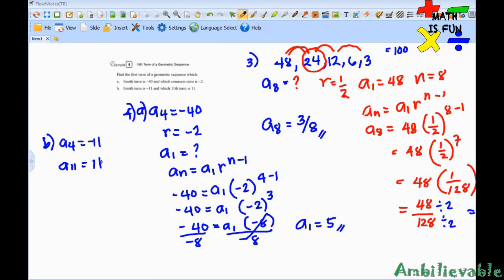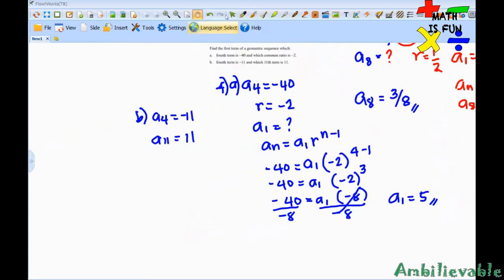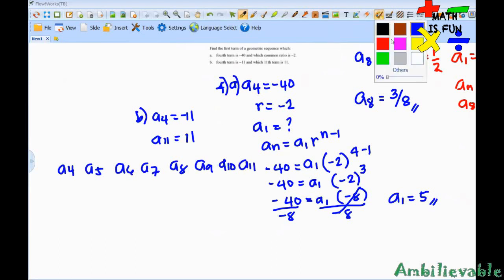So we don't have the common ratio. Here, if you're going to solve this, we will say that a sub 4, a sub 5, 6, 7, 8, 9, 10, and 11. So we can assume that this is the first number.